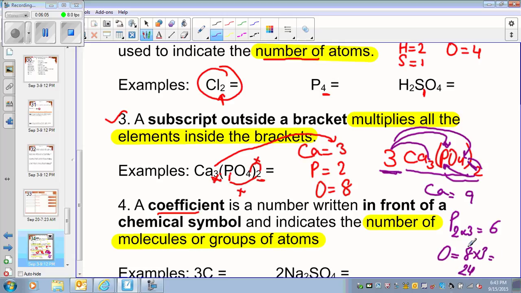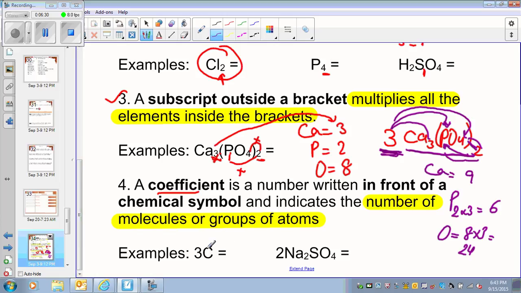it's 24 oxygens. So please make sure you understand the difference between the number outside the parentheses and the coefficient. The coefficient multiplies everything in front of it. But the number outside the parentheses only multiplies the atoms that are inside the parentheses.